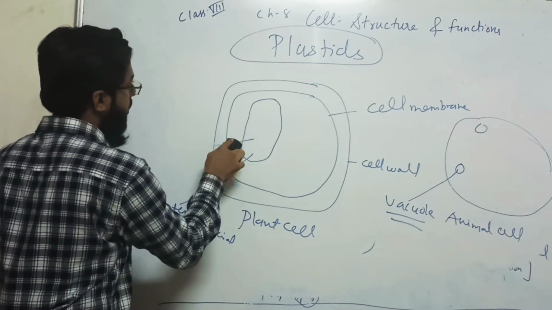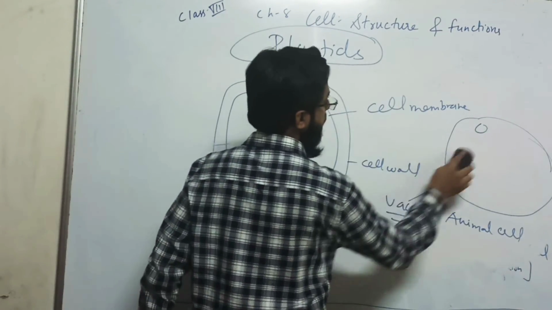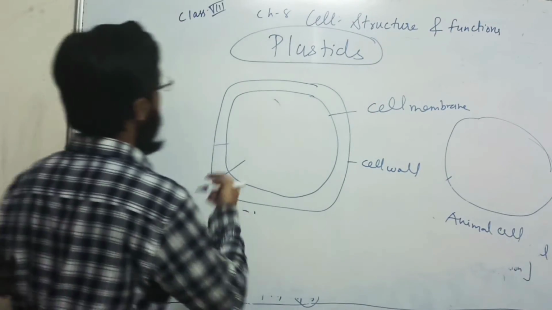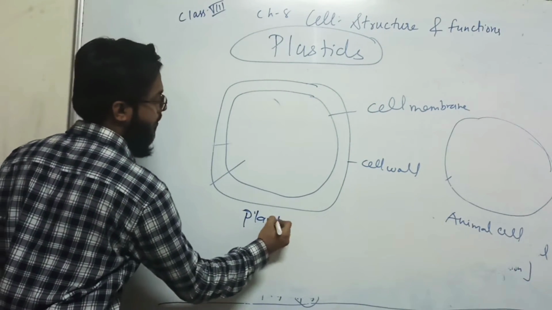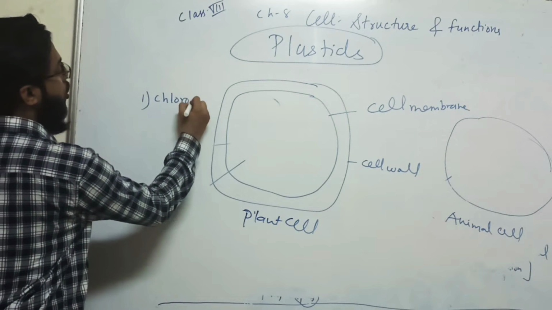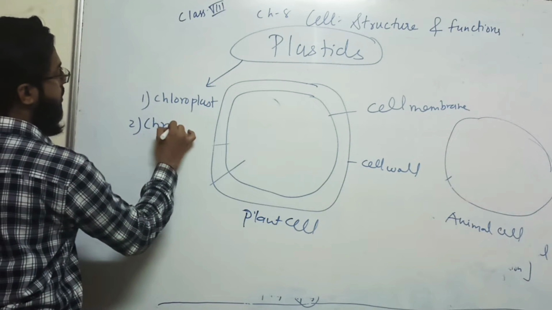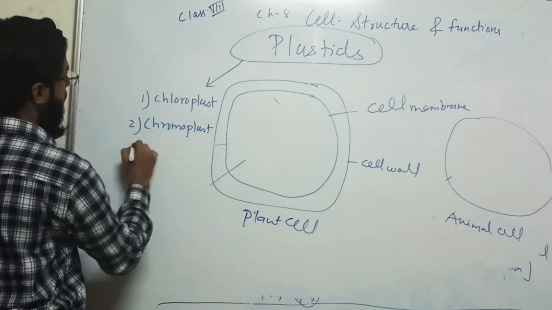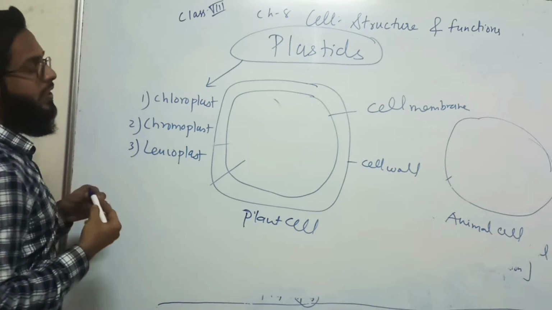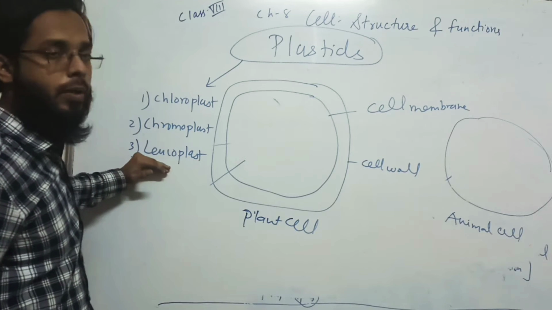So there are three kinds of plastids. One is chloroplast. Second is chromoplast. Third is leucoplast. You don't have to remember this. Just for your knowledge, plastids are three types: chloroplast, chromoplast, leucoplast.